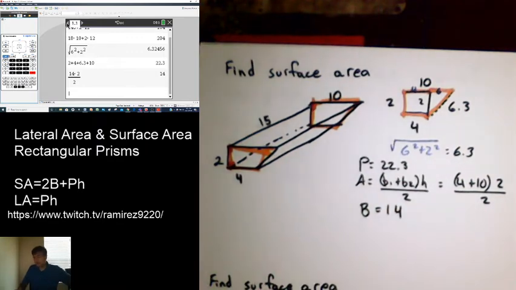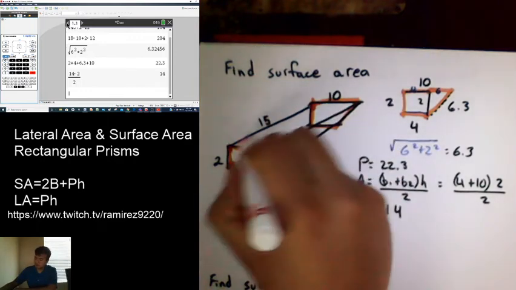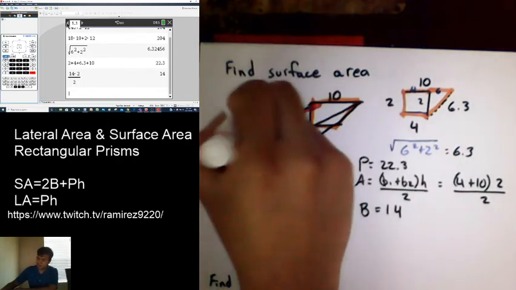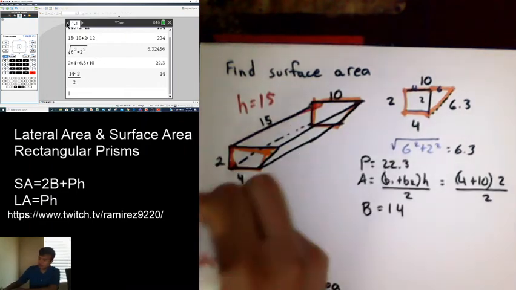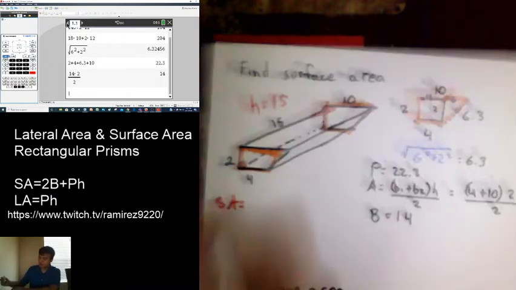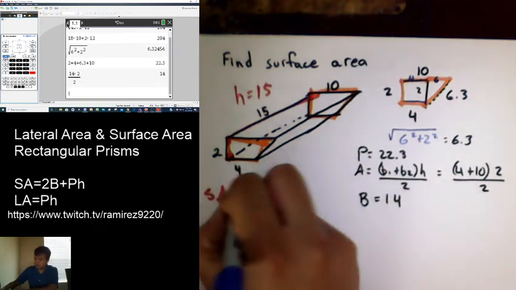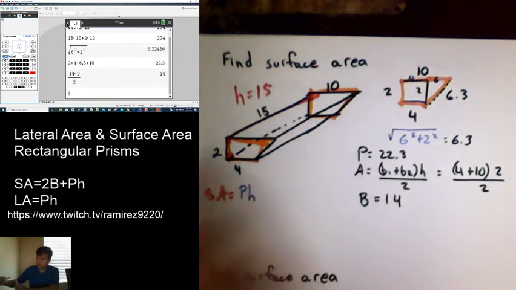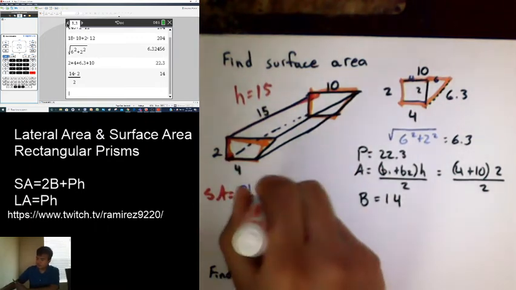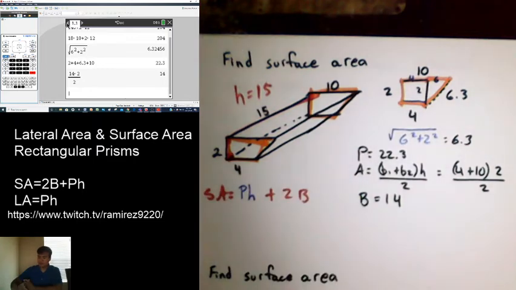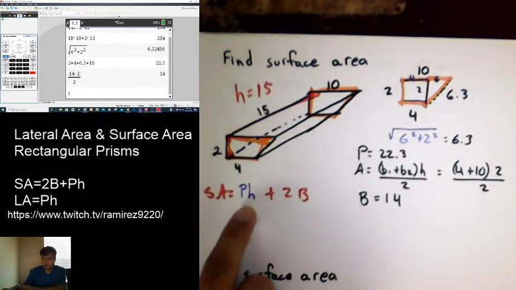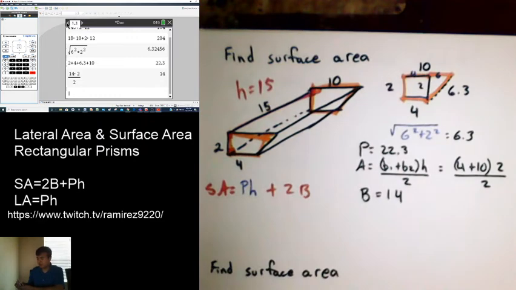The overall height of my prism is 15. So as I'm solving for my total surface area, it's my perimeter times my height. Again, I use the same formula: perimeter times height plus 2b. Again, I'm putting the lateral surface area in blue just to distinguish it throughout.